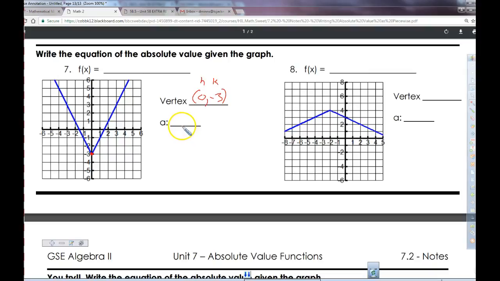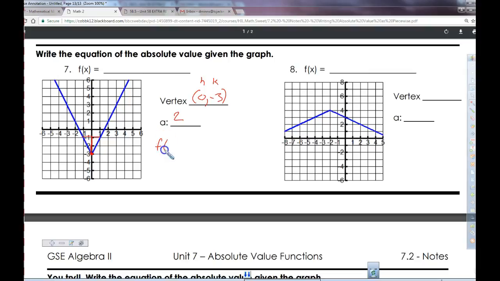I'll know my three values, a, h, and k, and I can write my equation. So what is our a value? Is it 1? Do we go up 1 and over 1? No, up 1 and over 1 is not on the graph. But up 2 over 1 is on the graph. So my a value is 2, 2 over 1, or 2. So very good. There's a, there's h, there's k.